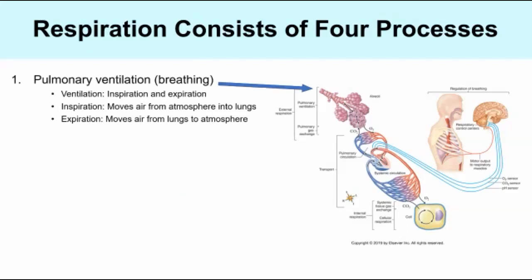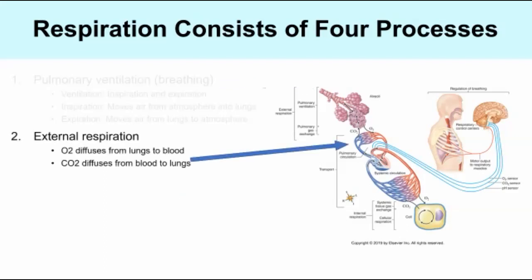When I say ventilation, I'm talking about the act of both inspiration and expiration. Inspiration means moving air from the atmosphere into our lungs, whereas expiration is moving air from our lungs back out into the atmosphere.